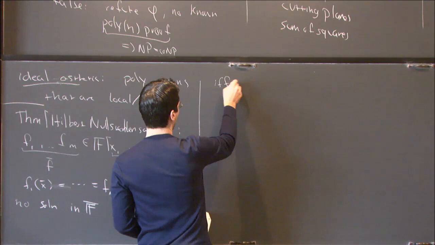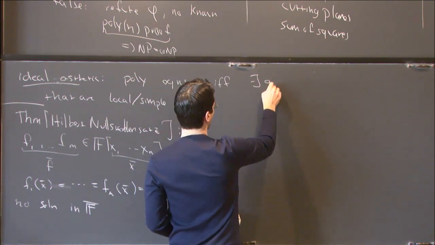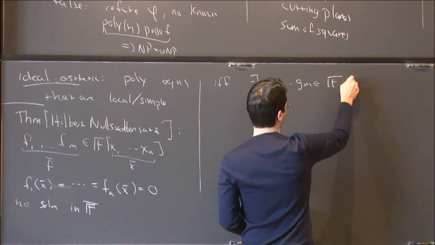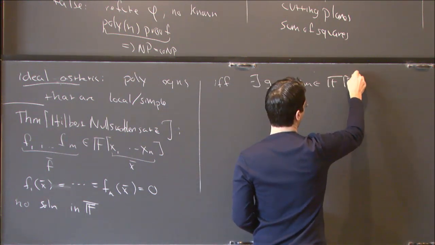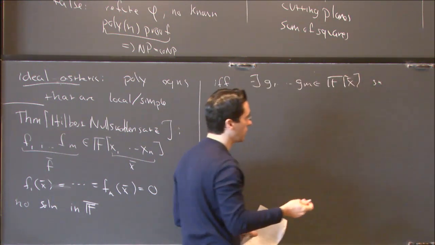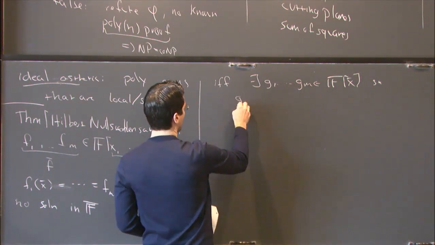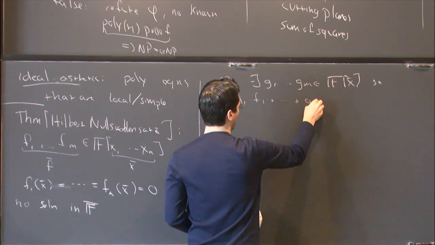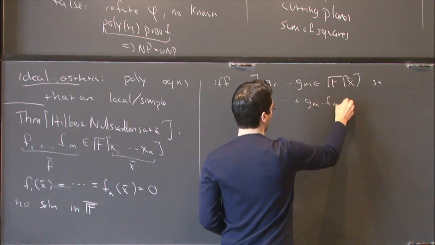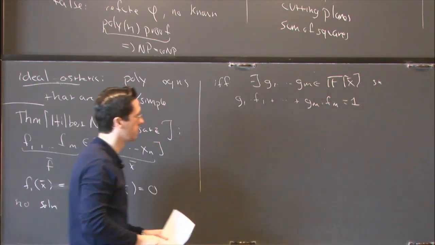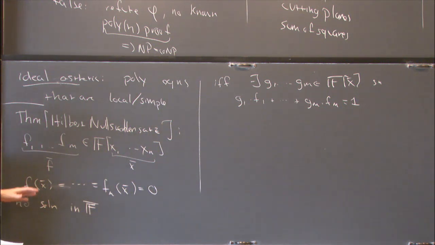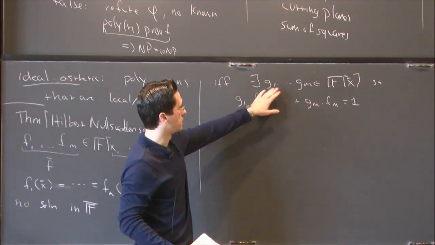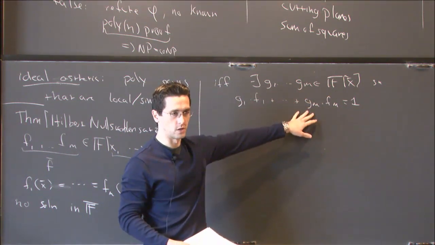And the proof of this is a particular g1 up to gm, polynomials such that g1 times f1 plus up to gm times fm is 1. So the point is that to certify that there's no solution, you just give these polynomials here and verify that this equation holds.